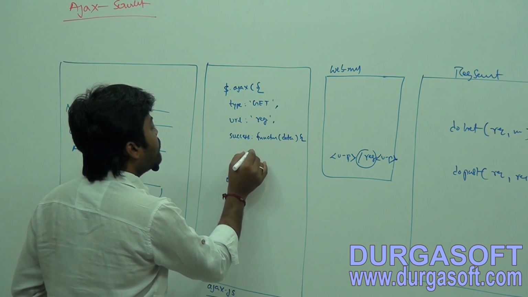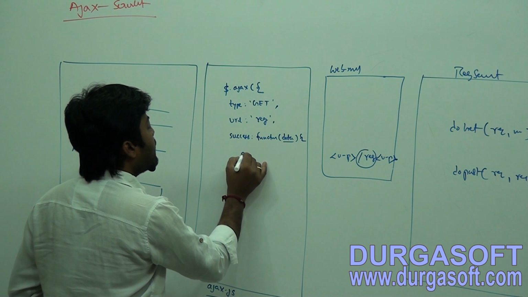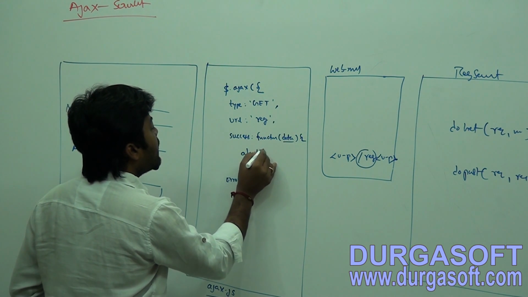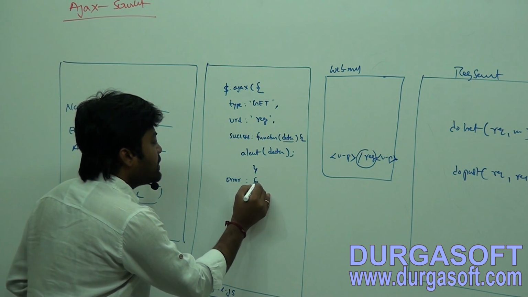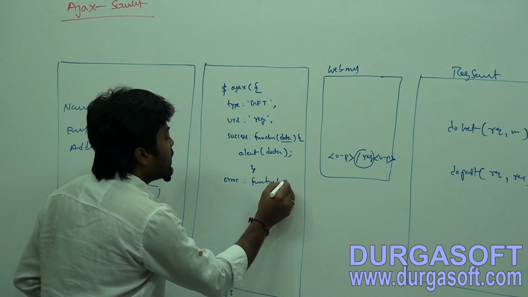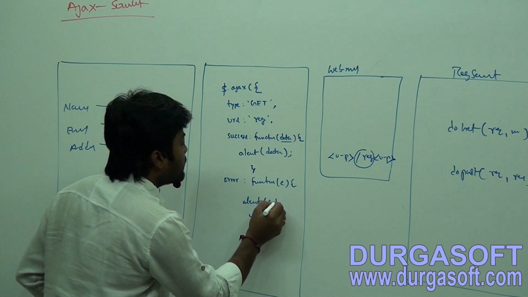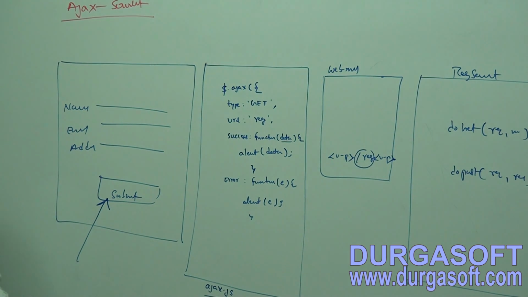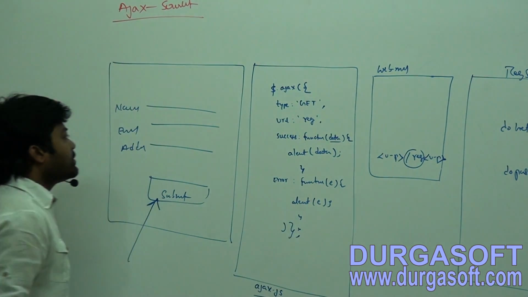How do we print the output here? If you want to print this data output in an alert, you can write alert of data. Or, in case there is an error, a function with an error object, you can alert the error. If you make the Ajax call like this, what happens?